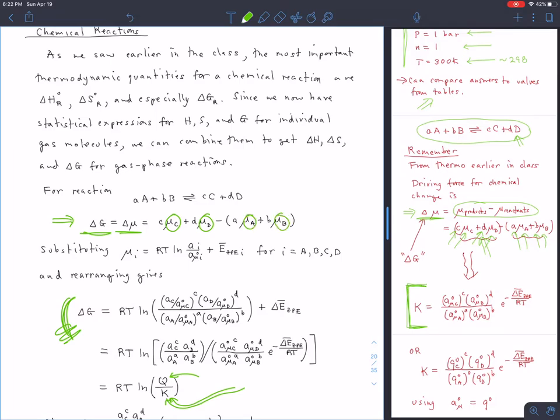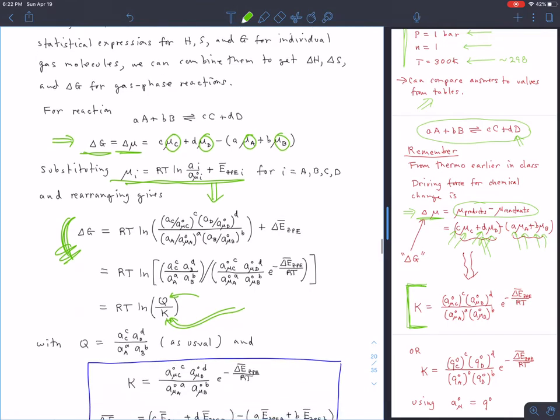As long as they're ideal gas molecules, we have detailed expressions for them. Here they are. All we have to do is plug those expressions in and do a bunch of algebra. There's not a terrible amount of algebra, but a fair amount. It's basically the same algebra we went through earlier in thermodynamics, and I won't go through it again here.